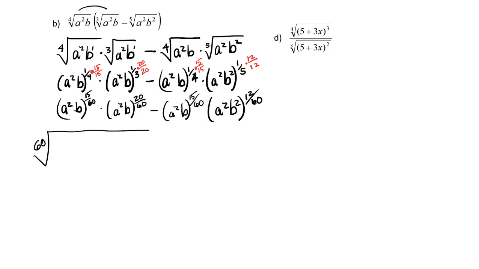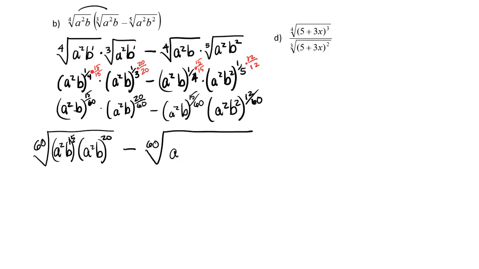And the exponent is 15 on the first grouping, 20 on the second. So I'll have a squared b to the 15, and that's multiplied by a squared b raised to the 20th, minus, now we need to keep track of this. This is a separate grouping, so minus the 60th root of a squared b raised to the 15th times a squared b squared raised to the 12th.